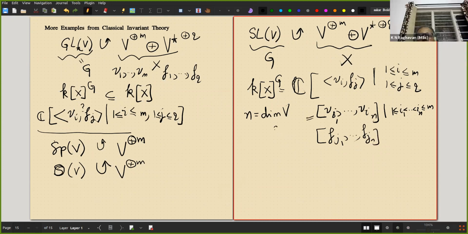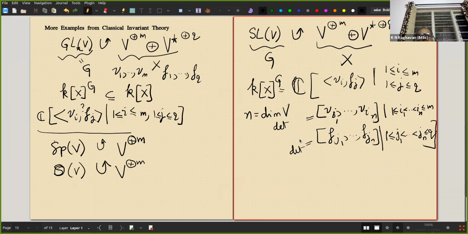This is the determinant of that matrix. Now it's obvious that these are invariants. What is not so obvious is that they do generate all the invariants. But these are standard theorems in classical invariant theory.